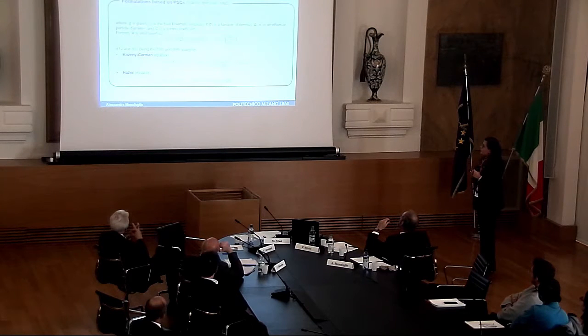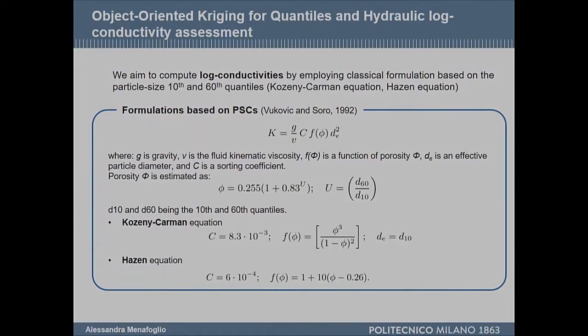Now, just to show you briefly how we can use this prediction for classical goals of hydrogeological studies. In this case, we aim to compute the log conductivities by employing classical formulations, the Kozeny-Karman equation and the Hazen equation.